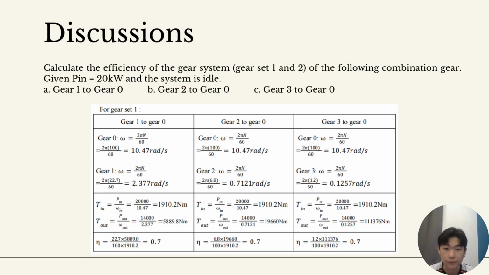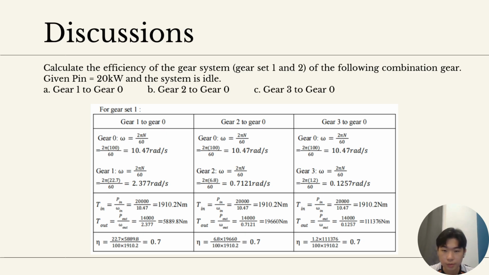To calculate the efficiency of the gear system, for gear set 1 and 2 of the following combination gear, given the input power is 20 kilowatt and the system is ideal, first we calculate for gear set 1.